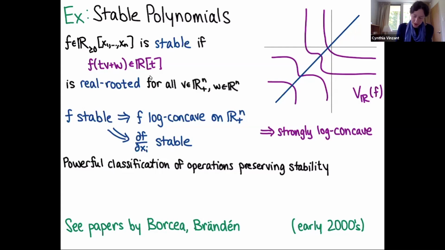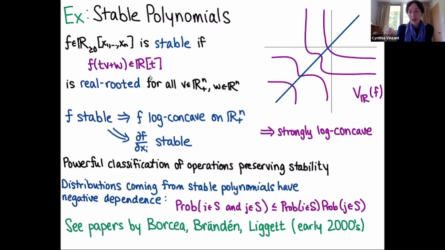Distributions coming from such polynomials also have lots of nice properties. One of them is something called negative dependence, where the probability that any 2 elements show up jointly in a set chosen according to your distribution is less than it would be if they were independent.